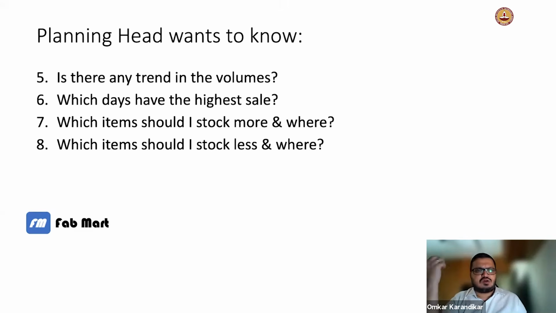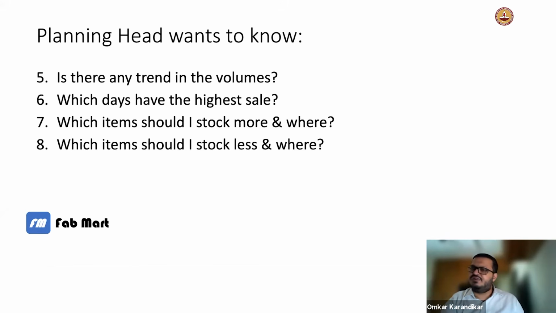The next set of questions also talks about the planning head. This is about the trends and the seasonalities. We will not see seasonalities here because we are talking only about 15 days of data, but about the trends, right? So, do I have any trend in volume? Is there a trend that a particular SKU is growing, maybe exponentially increasing, which I need to react to?